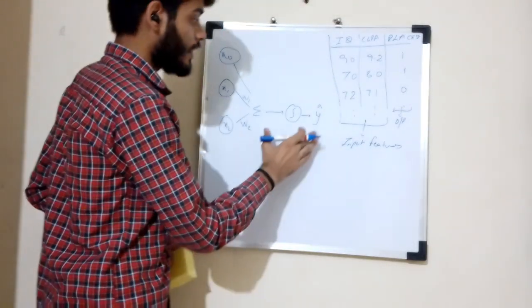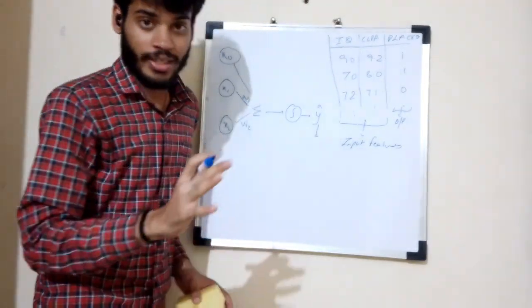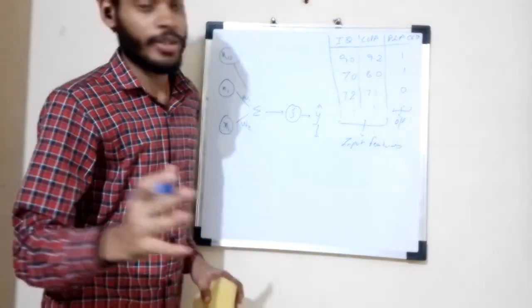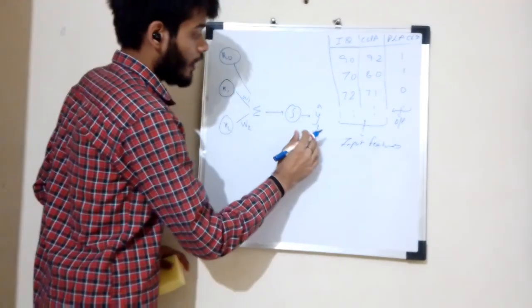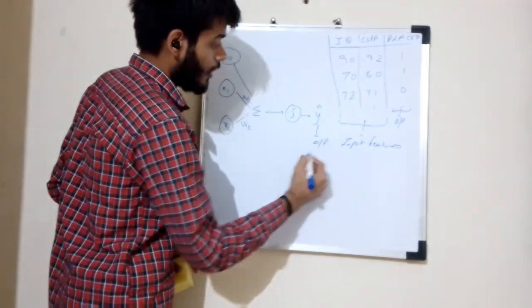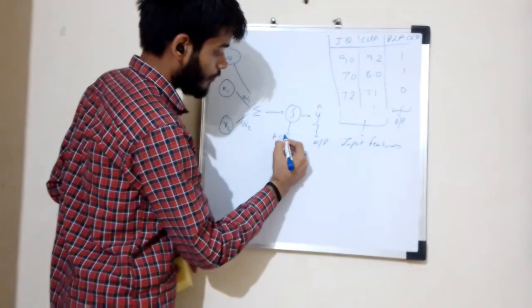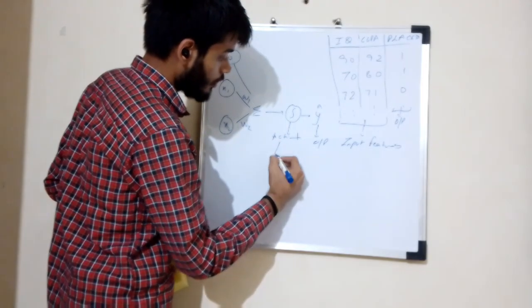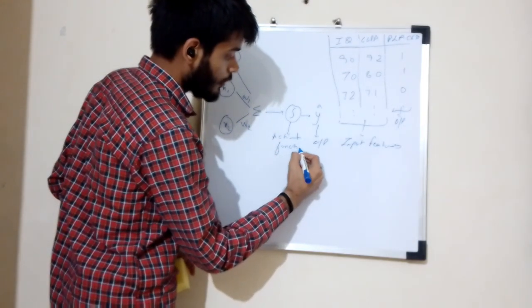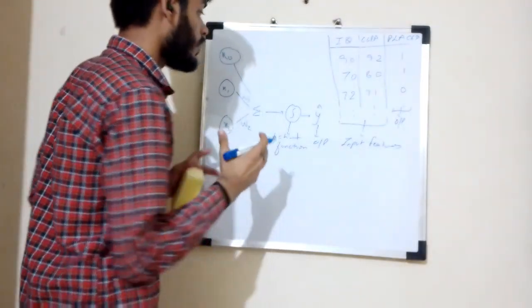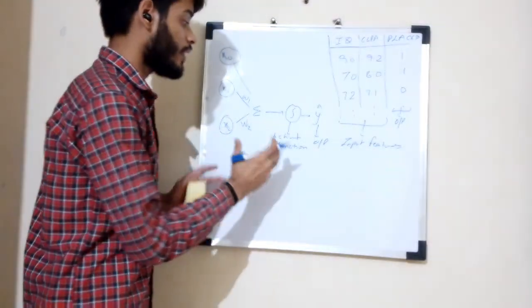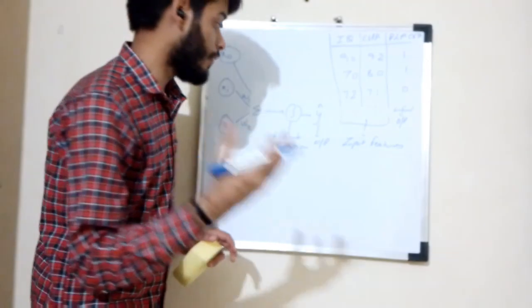I have covered all this in my earlier video. Y hat is nothing but my output, and this is my activation function, which governs whether a particular neuron is active or not.